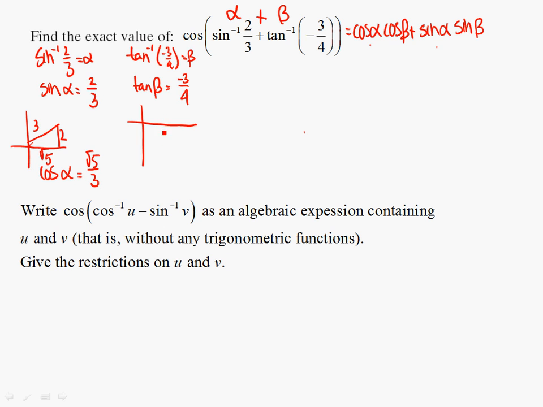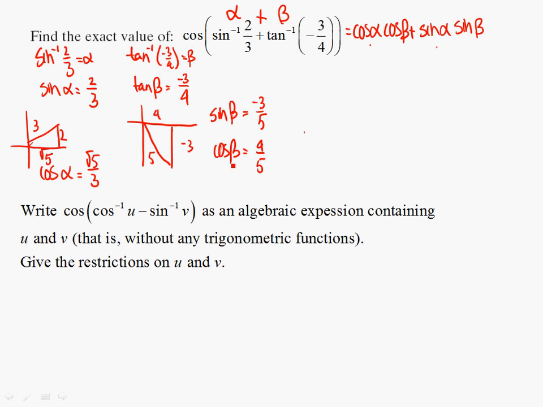With that being the opposite side and that being the adjacent, it's a triangle that we're familiar with. So that means that the sine of beta is a negative 3 over 5, and the cosine of beta is 4 over 5.